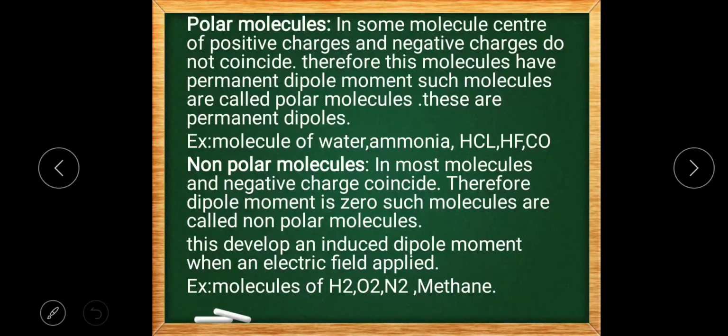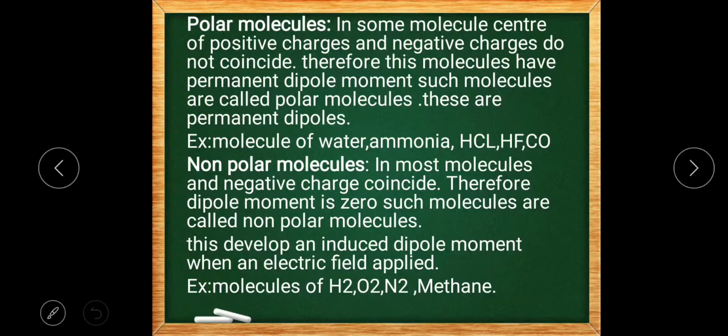Next, non-polar molecules. In most molecules, the positive charges and negative charges coincide. Therefore the dipole moment is 0, because when positive and negative charges coincide, the dipole length equals 0, and then the dipole moment, p equals 2aq, will be 0.